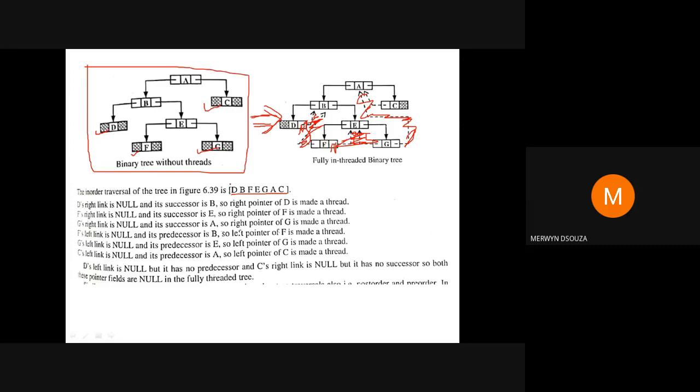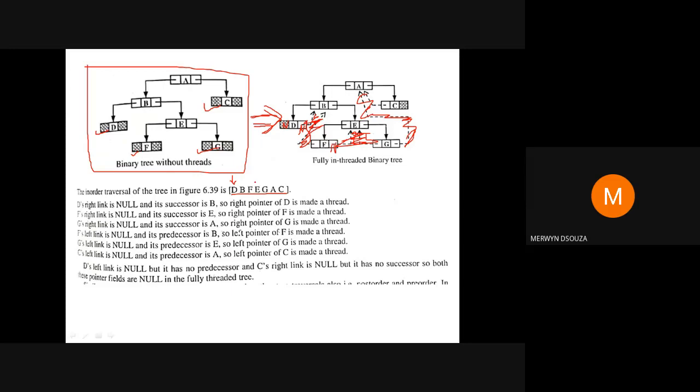So you check here, in-order predecessor of D. Since it's the first node, it does not have an in-order predecessor. So this null will remain as it is. So here you will put null only, since it's not having a predecessor. Clear?